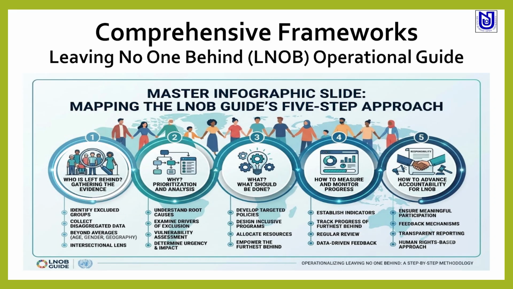First, to identify who is left behind. The second task is why they are left behind. The third will be what should be done, and the fourth will be how to measure and monitor such progress, and the fifth and last but not the least, how to advance accountability and integrate all these into various regional and national planning schemes.